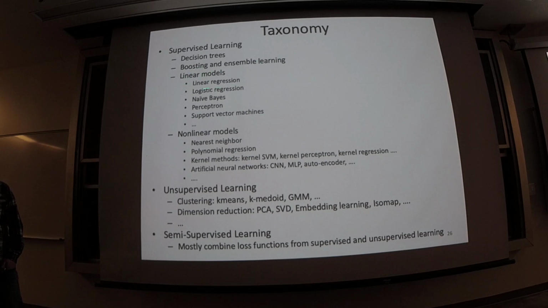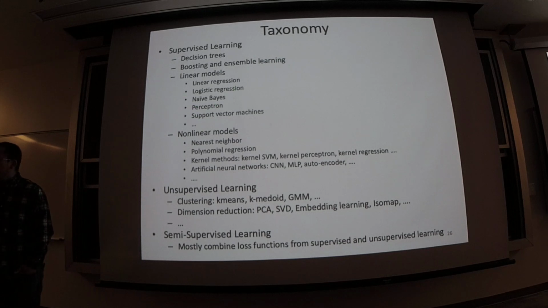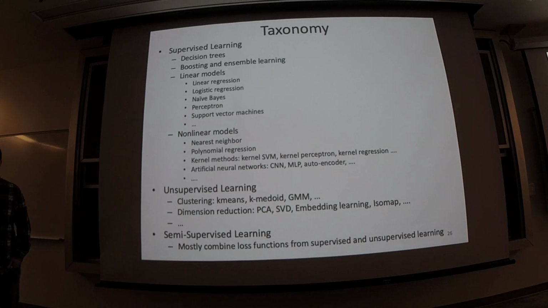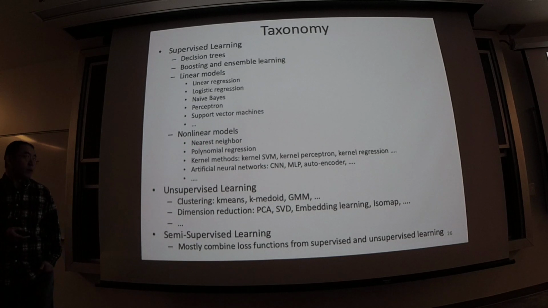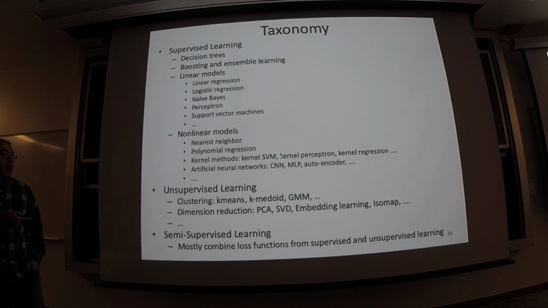Those include linear regression, logistic regression, perceptron, support vector machines, etc. If you use nonlinear candidate functions as a hypothesis space, we refer to them as nonlinear models. There's a very simple but very powerful machine learning model called the nearest neighbor classifier. It's a nonlinear model. Polynomial regression, kernel methods, the kernel version of support vector machines, kernel perceptron, kernel regression, etc., and artificial neural nets are very typical nonlinear supervised learning algorithms.